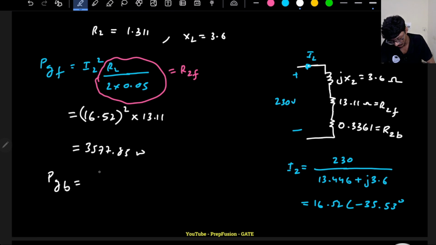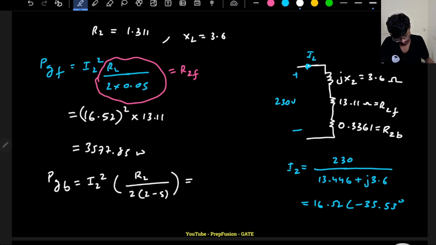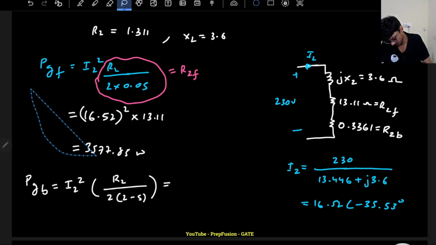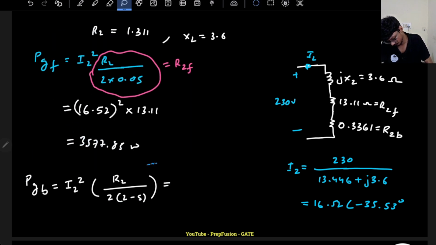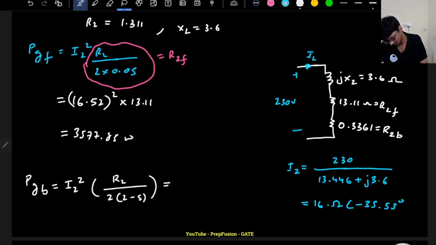Now let me find out the backward air gap power. Backward air gap power will be I2 square into R2 divided by 2 into 2 minus s. So if I want to calculate this value, what is this value?